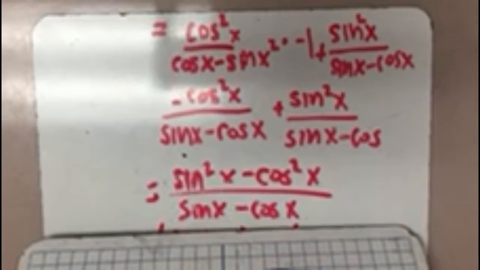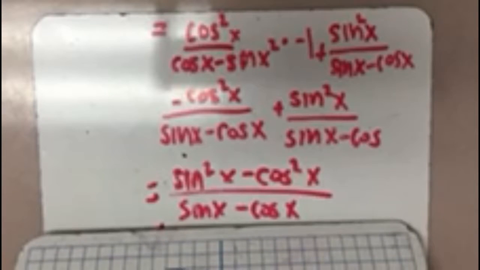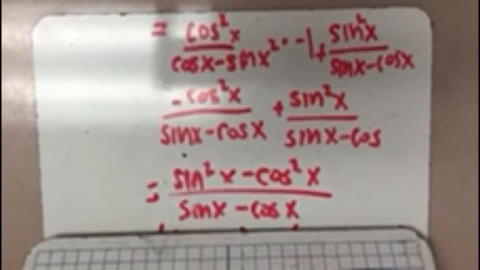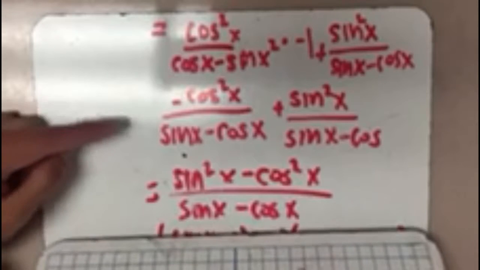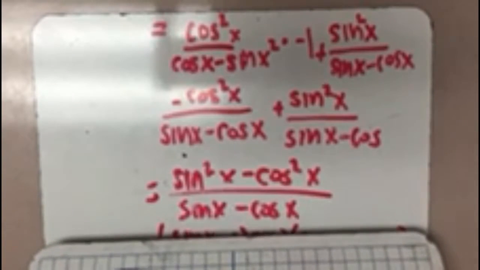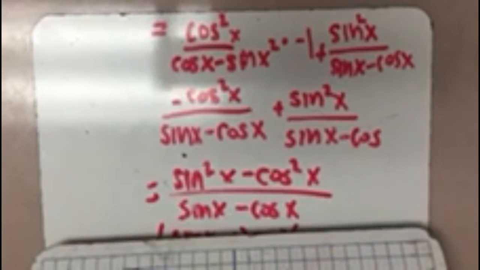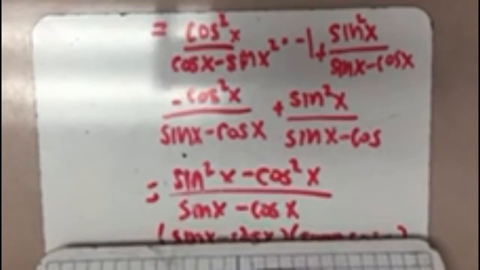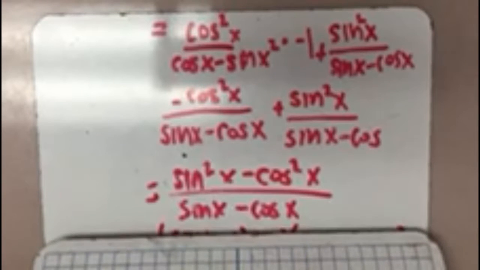The next step for that equation would be to just add these two fractions since they have the same common denominator. So that would make the equation sine squared x minus cosine squared x over sine x minus cosine x.